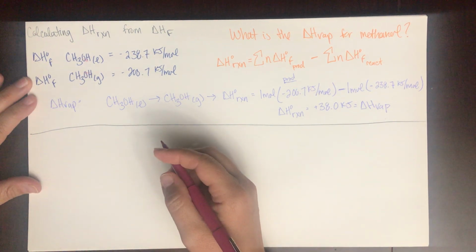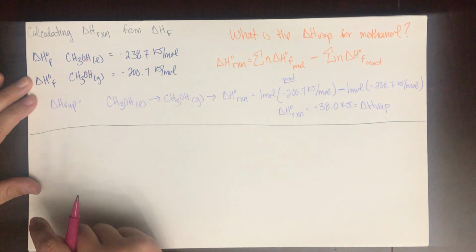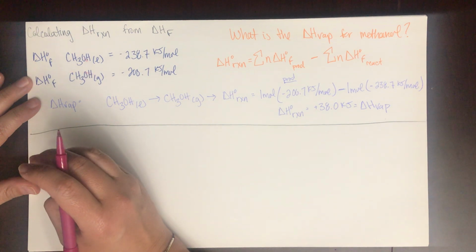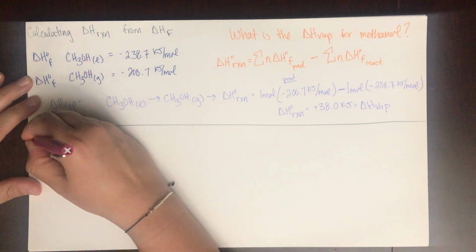So it says methyl alcohol, which is the same thing as methanol right here. Methyl alcohol is toxic because liver enzymes oxidize it to formaldehyde, which can coagulate protein.